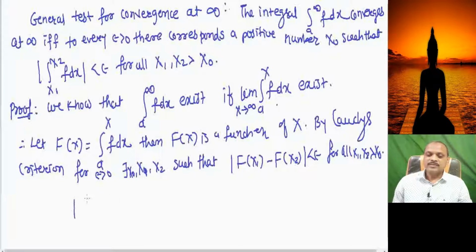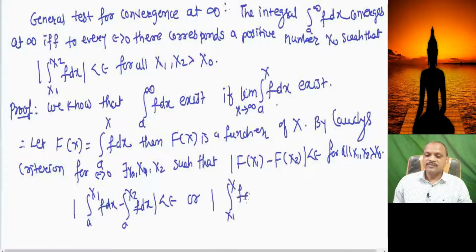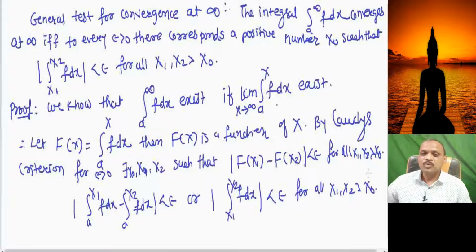But what is F of x1? This is the integration a to x1 of f dx minus the integration a to x2 of f dx, less than epsilon, which is the same as the integration x1 to x2 of f dx being less than epsilon for all x1, x2 greater than x0. So this is the proof of the general test for convergence at infinity.